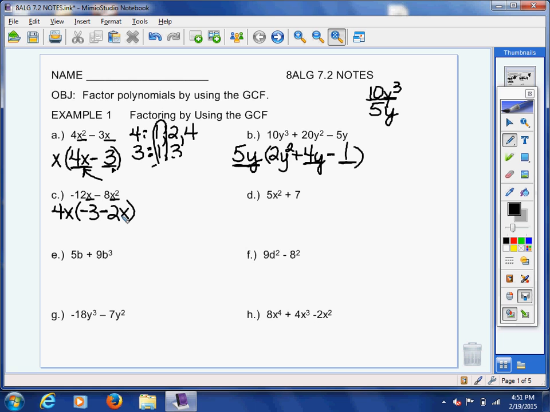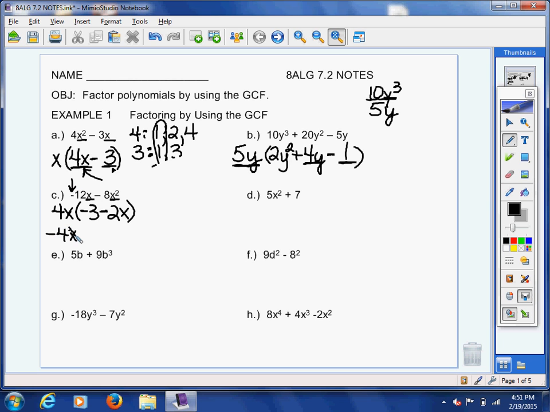Now, here's another way you could do it. Sometimes when you have a leading negative number, you can say, I want to pull out a negative GCF. This will come up later in chapter 7, as we get deeper into this chapter, and it will become an issue. You need to know that both of these answers mean the same thing. So instead of pulling out a positive 4, let's pull out a negative 4x.